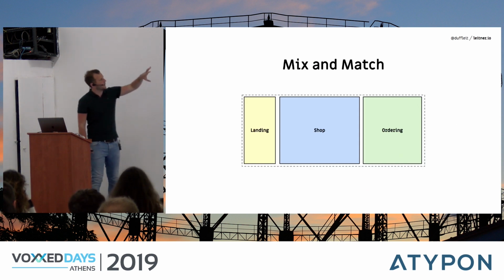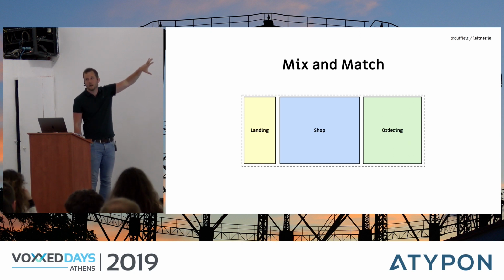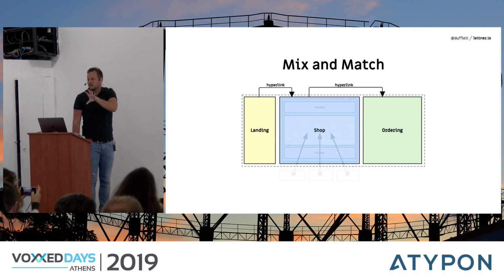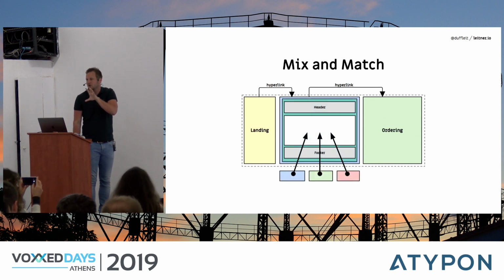So let's think again of this Amazon example, where we have a landing page, and this landing page maybe has 80% of the traffic. And then we have a shopping page, and then we have an ordering page. That's fine to just link them by hyperlinks maybe, right? But the shop is maybe still too big for a single application. So maybe runtime integration is a good choice here because it must be very reactive to the user. We want the user to have a very smooth interaction with our application.